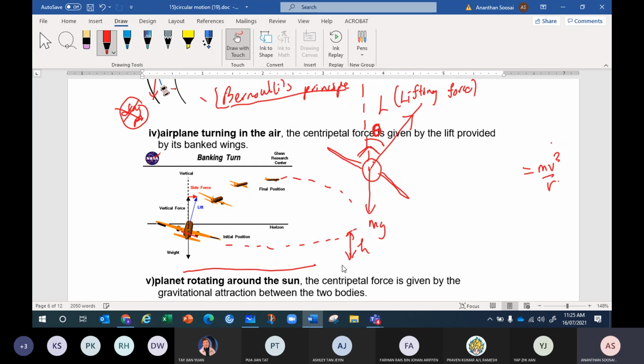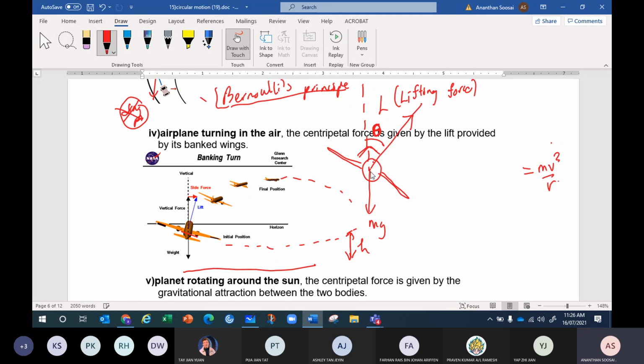Any other force acting? One of your friends said upthrust. Yes, of course we have upthrust, but in the air, upthrust is very small and neglected. Any other forces? There are another two forces acting. Air resistance. Yes, very good. One of your friends said air resistance.